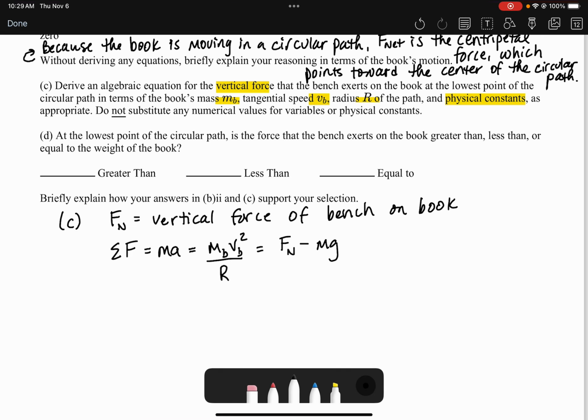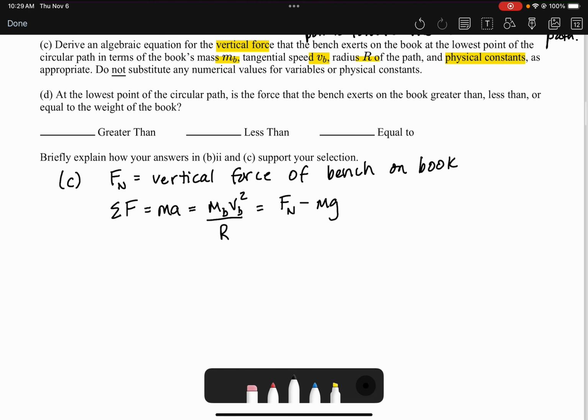So if I just rearrange this to solve for the normal force, it is going to be equal to m_b v_b squared over r plus m_b g, and I should have put a little b here next to my mg.